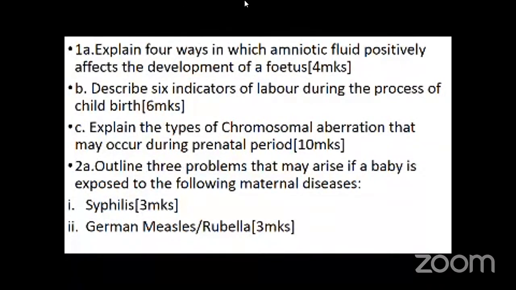Susan? Poor brain development, leading to mental disability or mental disorders.